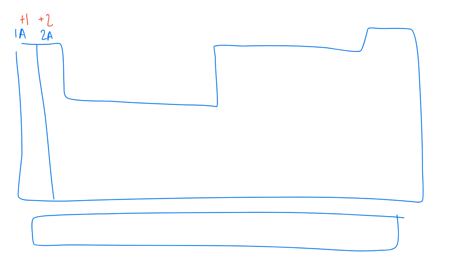We know it's a metal, so it's going to be a positive. And then we look at the number of them, and that's its charge. So +1, +2. Again, we're going to ignore the transition metals because they're weird, and we'll get there in the next slide. But they're weird because they can have many different charges. So we can't just look directly at the periodic table to figure out what their charge is. So we're going to skip over that.